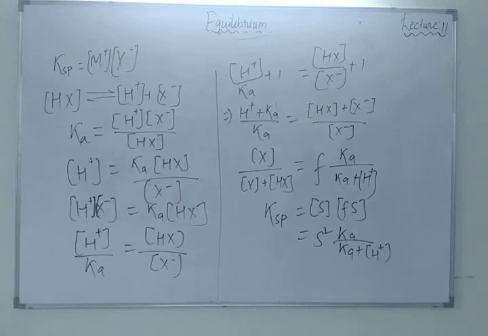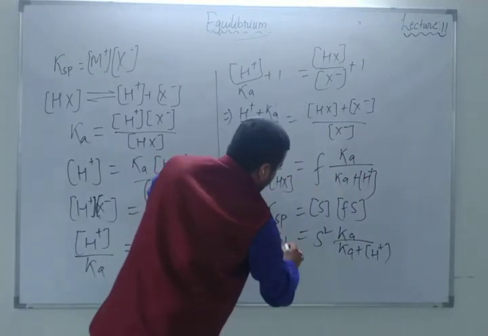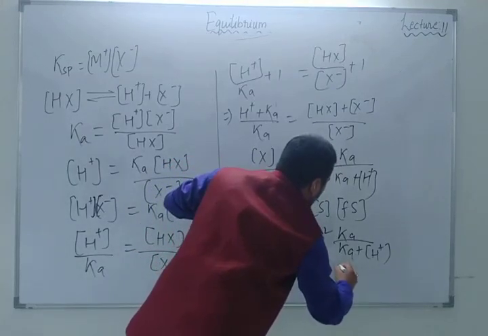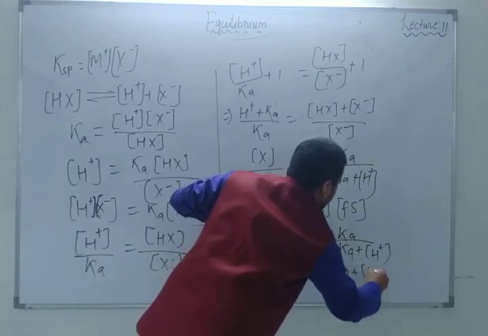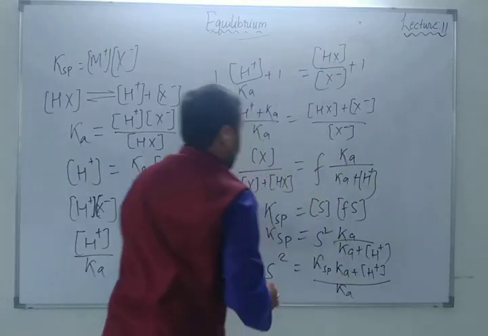So here what will be the value of S? It will be KSP into Ka plus H plus upon Ka under root, right? Just see here, my dear friend, this is the value of KSP. So here S square is equal to KSP into Ka plus H plus upon Ka, right?